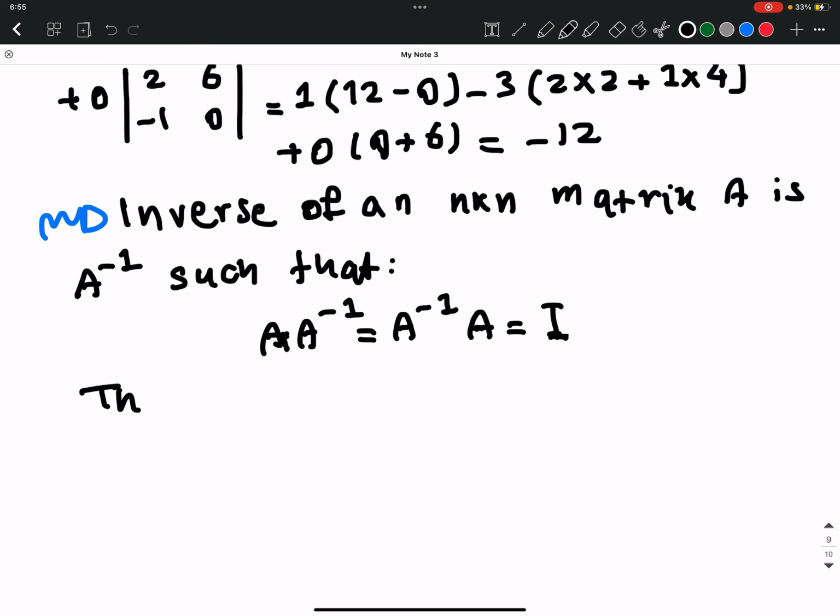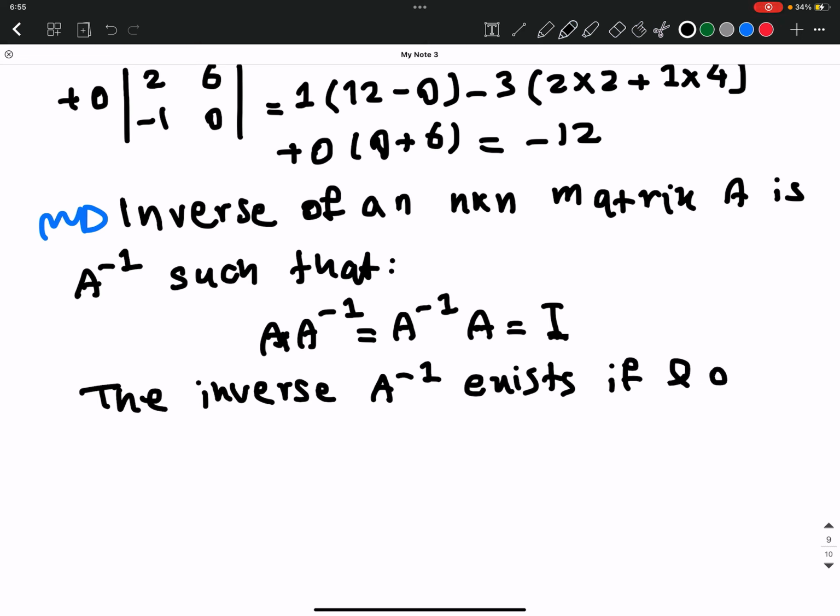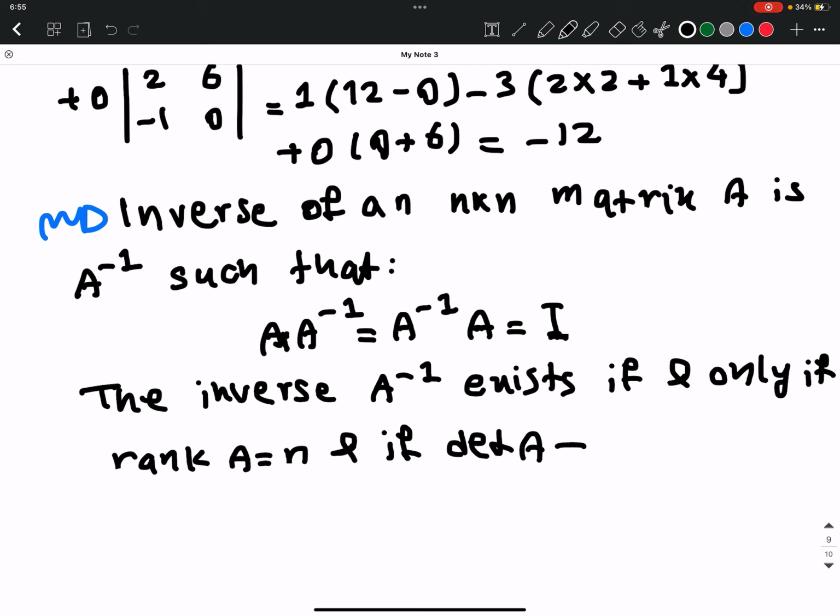Now the inverse matrix A minus 1 exists if and only if the rank of A is n, and if the determinant of A is not 0.